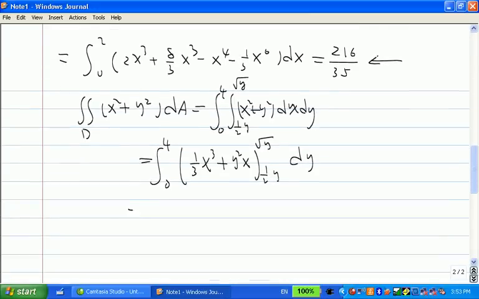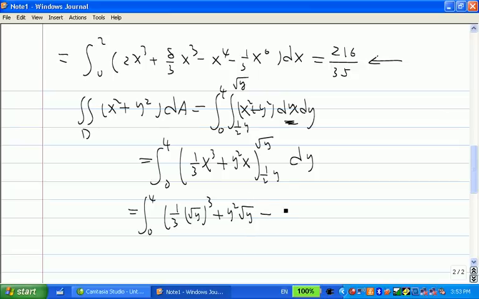This time, since this is an integral about x, you replace x by square root of y, so you get 1/3 square root of y to the third plus y squared times square root of y.